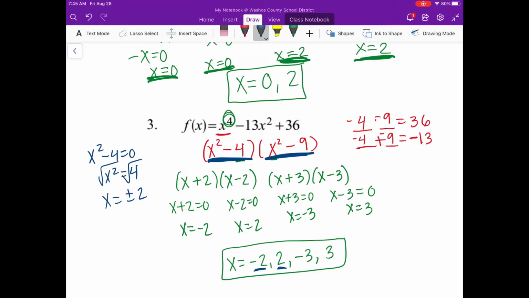Okay, so there's my plus and minus 2 in the solution. And you can do the same thing to x squared minus 9, set it equal to 0. So x squared equals 9, take the square root, x equals plus or minus 3. And there are my answers. So whichever way makes the most sense to you. There's different ways to do things in math, so I am totally okay with you doing either. Okay?